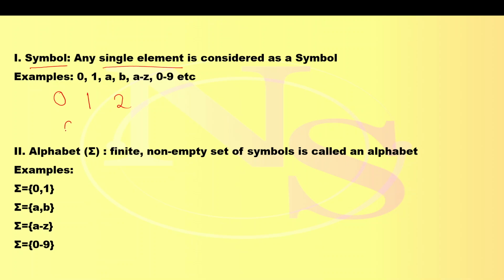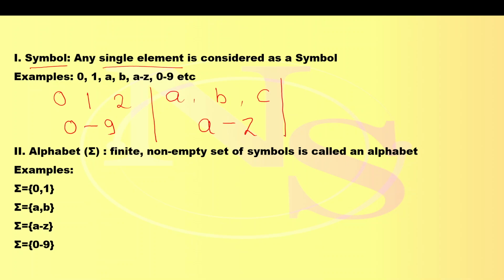So we can say any single number from 0 to 9 can be considered a symbol, or a single A is also a symbol, or a single B or C, or any character from A to Z. In some cases, we may need to consider a special character as a symbol also. That we will see when we solve the problems of finite automata.